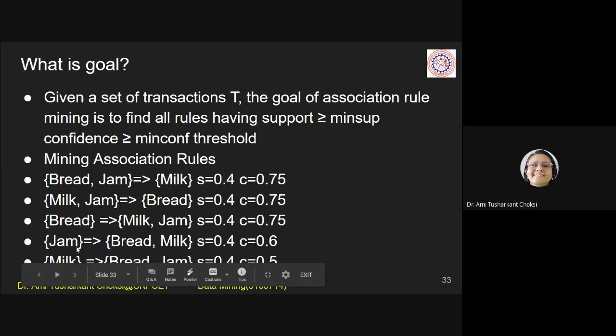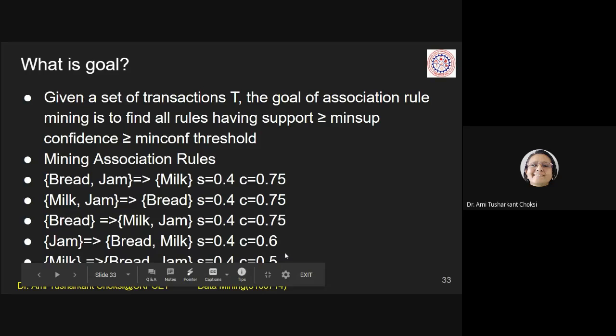This one: jam, bread and milk, same items are there, but the rule now is different. That is, jam implies bread and milk. Support is same. For all these rules, support is same, but the confidence is 0.6 in this case. For other rule, it is 0.5, right?